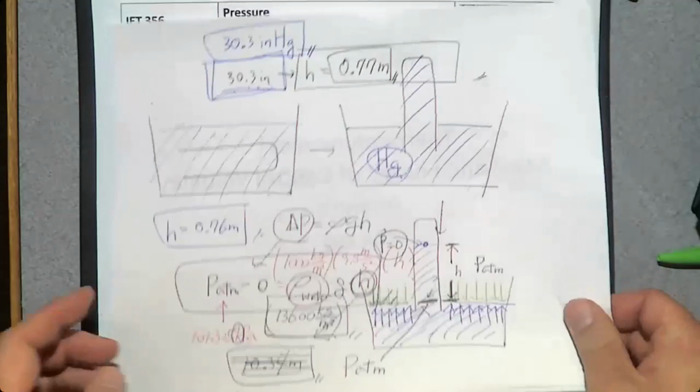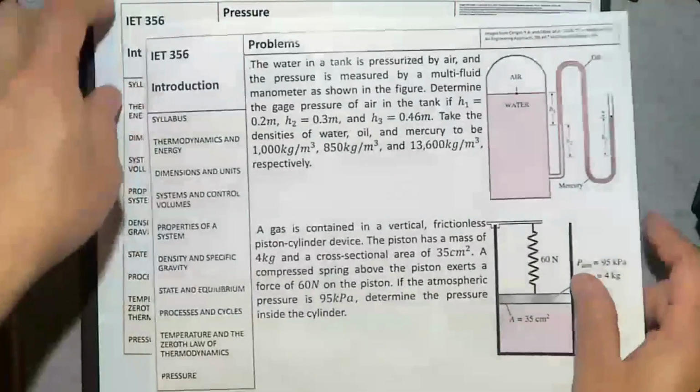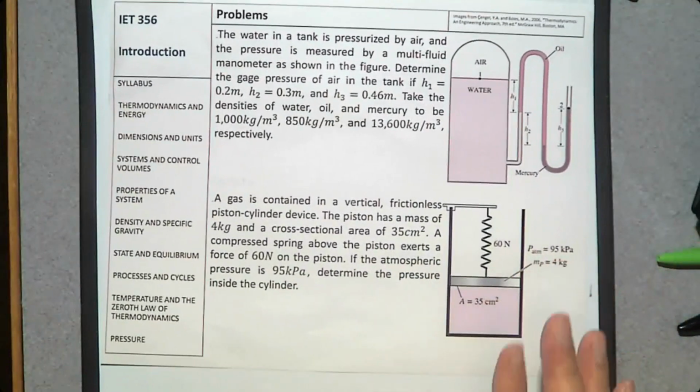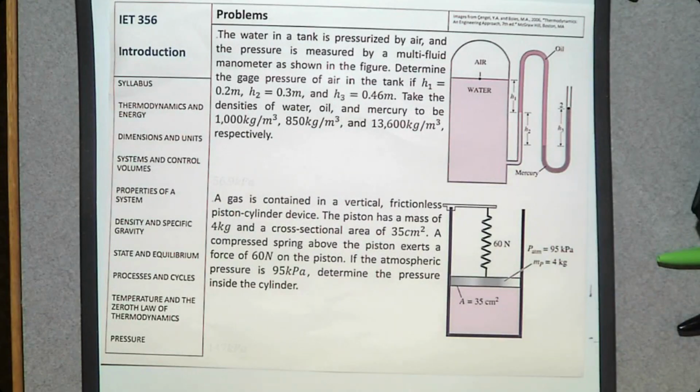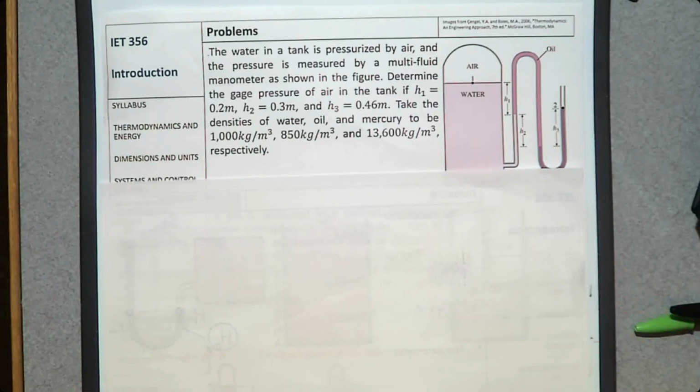If you don't, let's solve a couple of problems about pressure. The first one is a manometer. It is a multi-fluid manometer. I don't know why they use a multi-fluid. Maybe let us practice the pressure relations. So let's solve this problem. The water in a tank is pressurized by air, and the pressure is measured by this multi-fluid manometer.